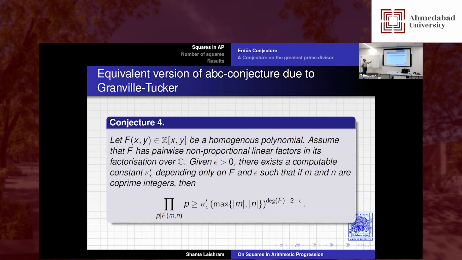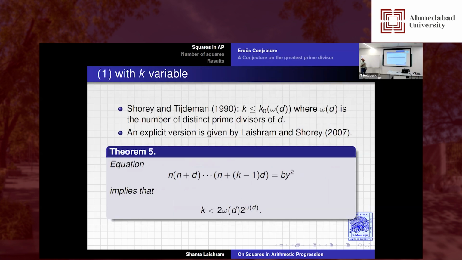I'm not going to really go into it, but by using this we can solve the Erdős problem, so K is bounded by an absolute constant, but that is still conjectural.